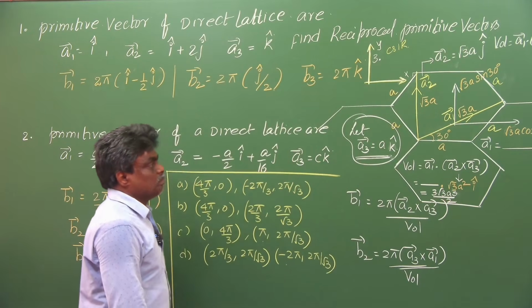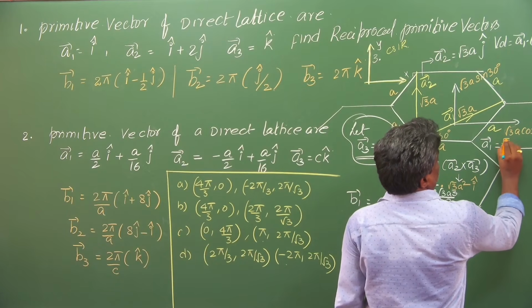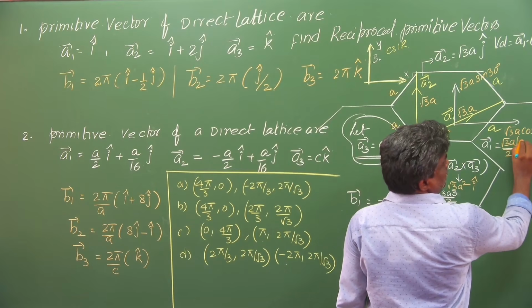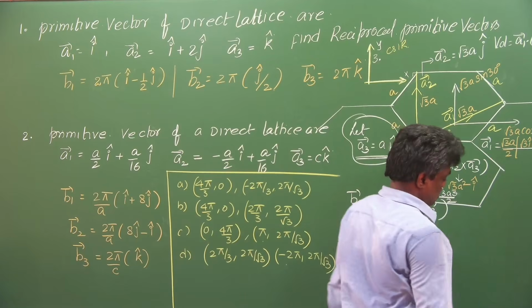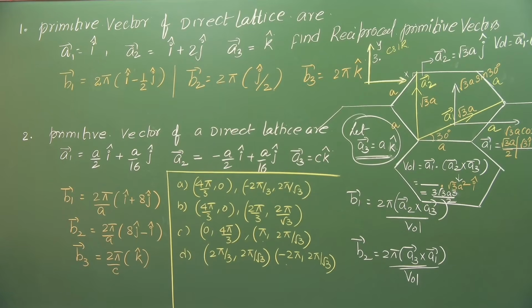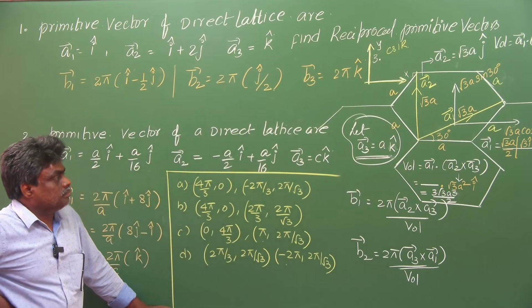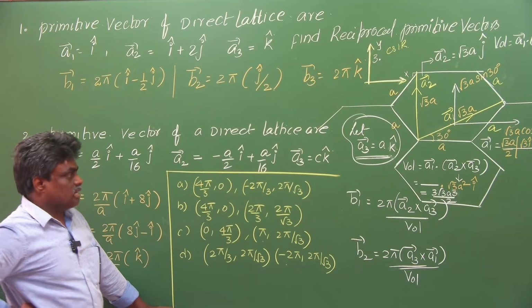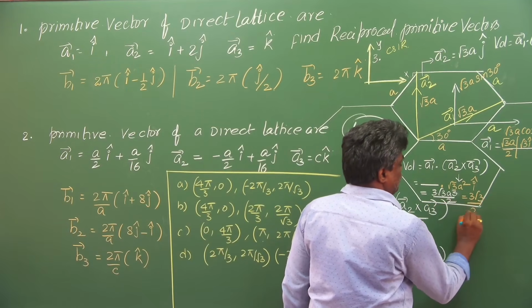Please check this volume. What A1 bar did you get? √3A by 2, you got already earlier: √3 i cap plus j cap. He has given A is 1, that's why the volume is 3√3 by 2.